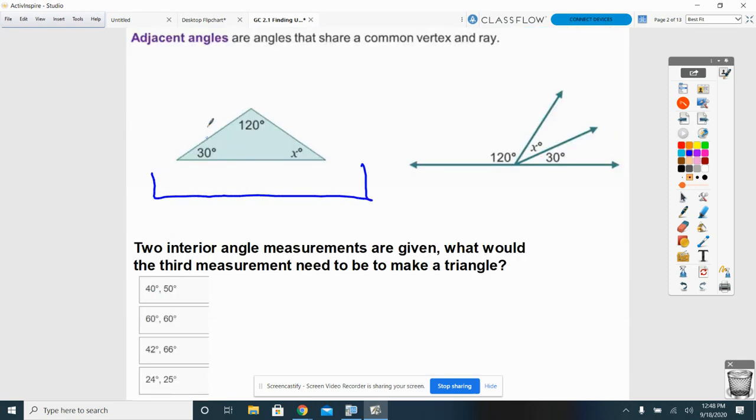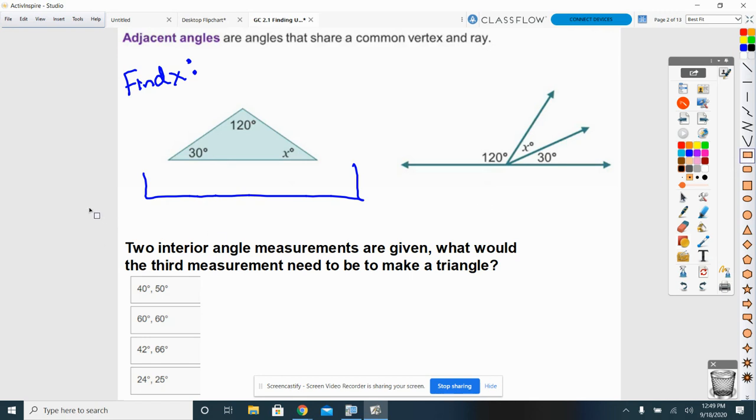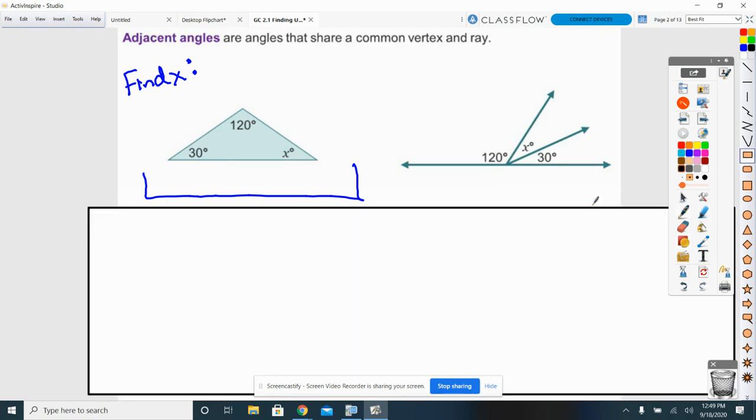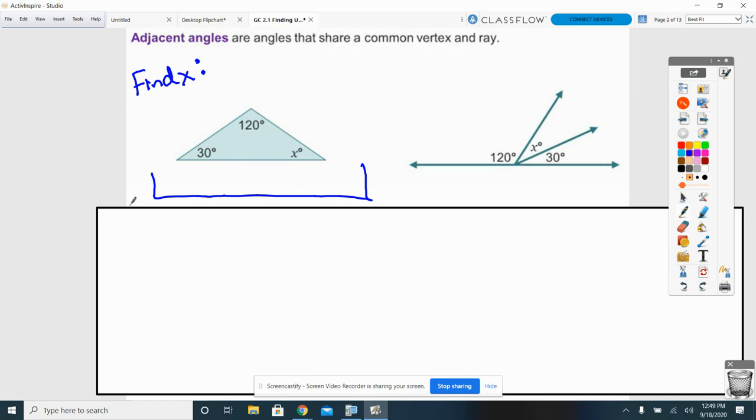That's what we're going to do on this guy. First we're going to find x. So what do we know? Well, there are probably three ways kids do this, and I'll show you all three. Some kids will just get in their calculator and say, oh, triangles add to 180, and they're right.